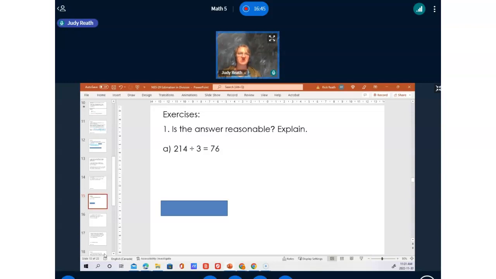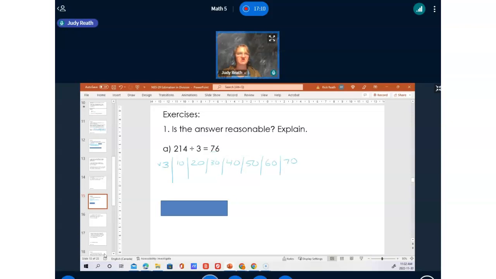If we have 214 divided by 3, is it reasonable that the answer is 76? Well, let's see. If we multiply times 3, 10, 20, 30, 40, 50, 60, and 70.